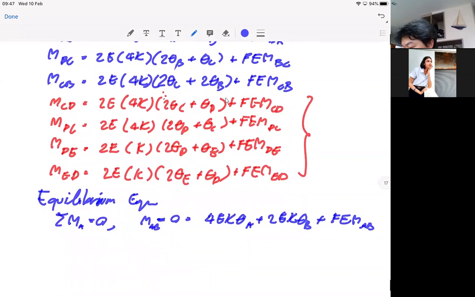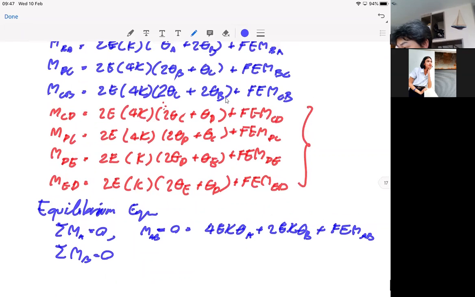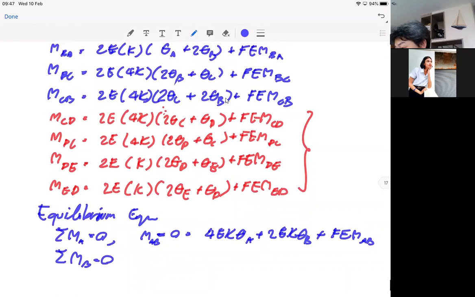And sigma MB equal to 0. This time it's MBA and MBC, right? So I have, let's write down MBA plus MBC equal to 0.